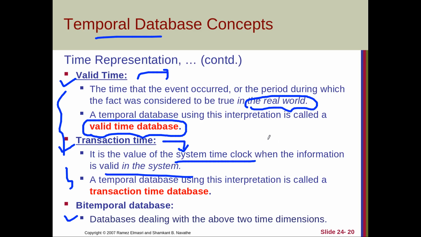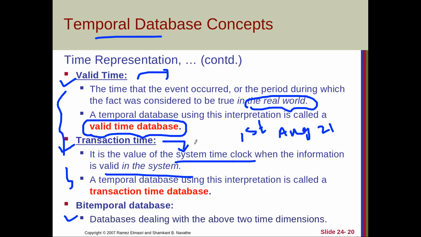For example, one employee started working in an organization from 1st August 2021. So this is the day from which an employee is working in a particular organization.